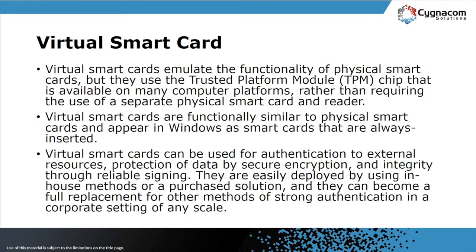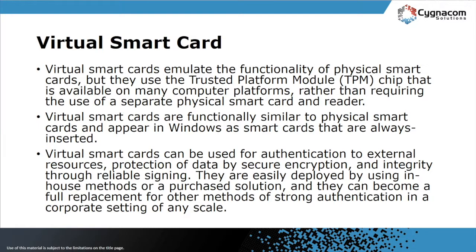They can be used for authentication, they can be used to do smart card login, they can be used for encryption, but they are much less expensive than a physical smart card, and they are just as easy to deploy. In fact, they're easy to deploy because you don't have to manage physical smart card stocks. They're also easier to replace because as you replace the machine, you can replace the virtual smart card.